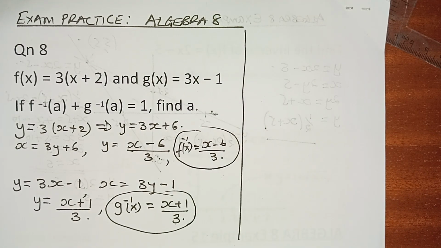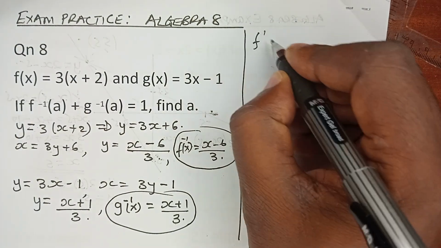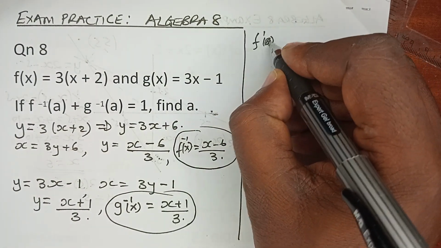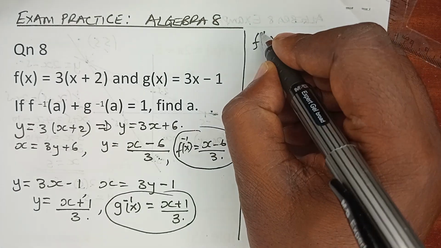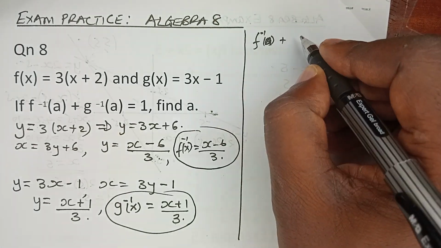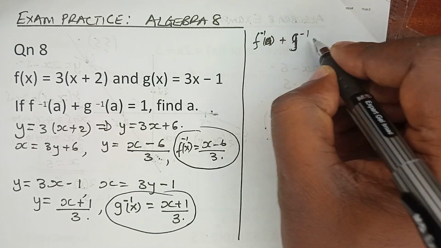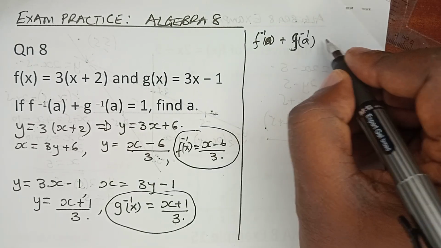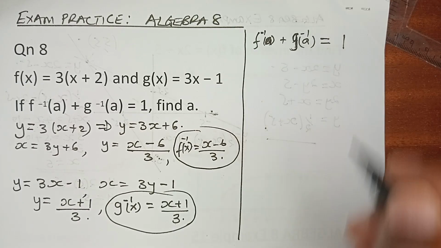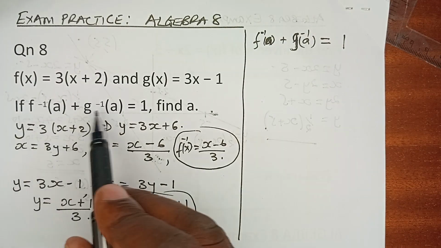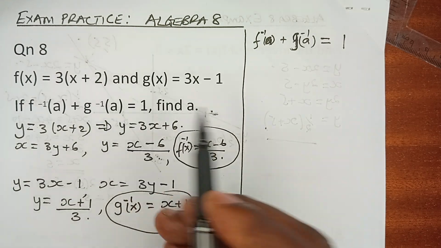What does that mean? The inverse function according to f of a, plus the inverse function according to g of another a, when we add both of them, we get 1, according to how the question is phrased.